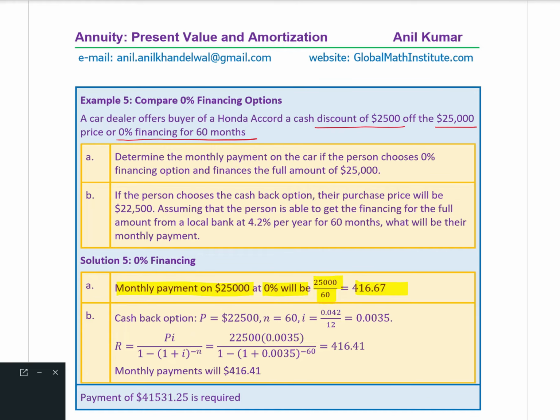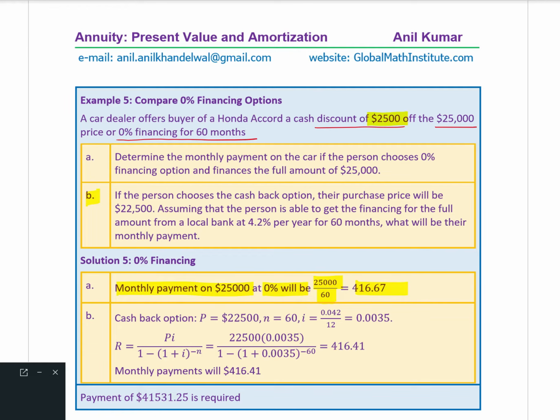Is that clear to you? Now, look into the second case. Let us say you don't really have that money, but you need to borrow. You could borrow from somewhere else, right? That is the whole thing. You can borrow from somewhere else and take this discount of 2500. It's a big value.